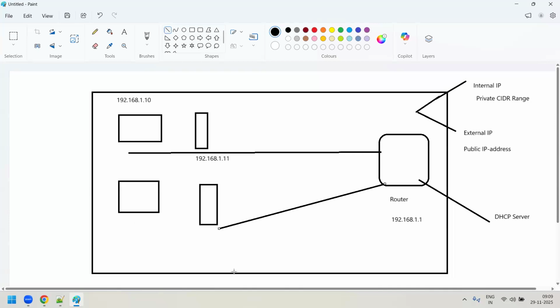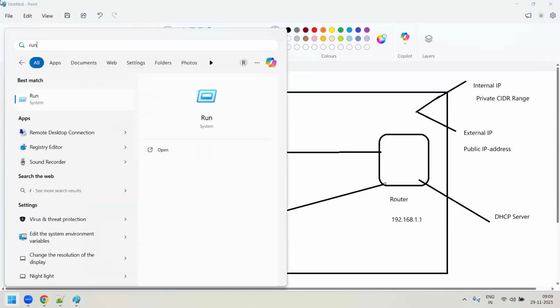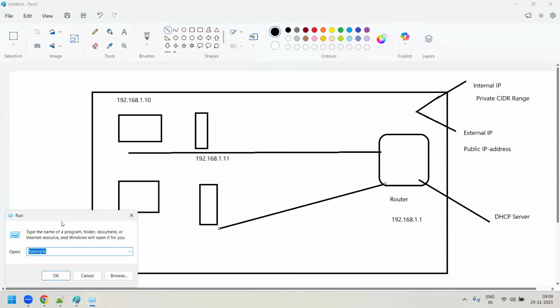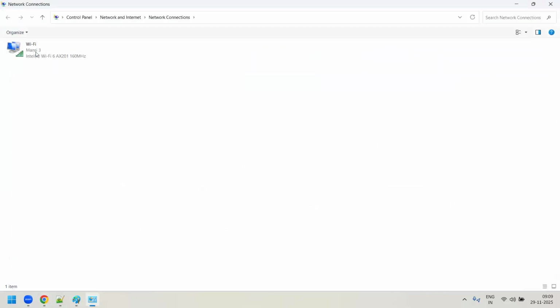Am I clear, sir? So for example, in my case, if I try to check it, we have ncpa.cpl. So this is my Wi-Fi.